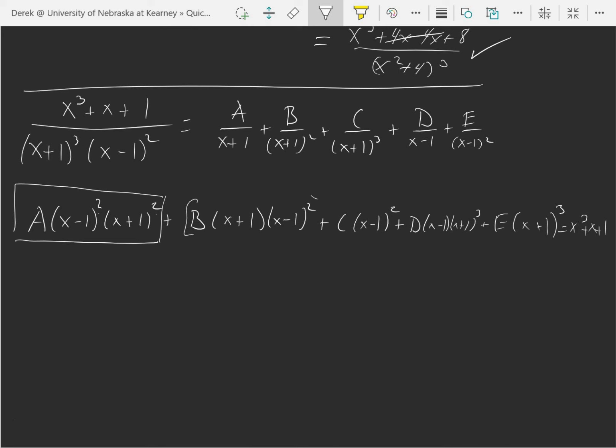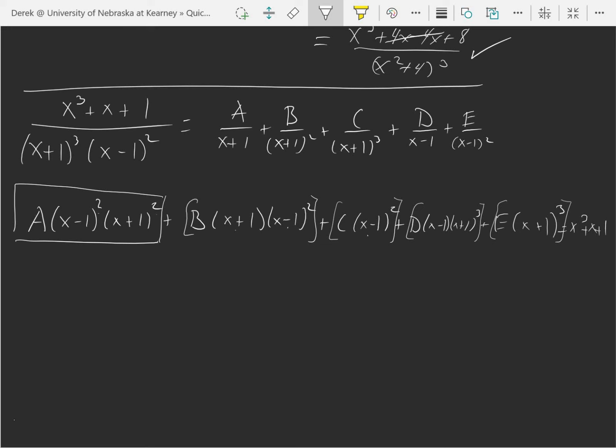This guy, the derivative will have a root at 1, but it won't have a root at negative 1. This one will have a root at 1 when you take a derivative. This one will have a root at negative 1 when you take a derivative, and so on.